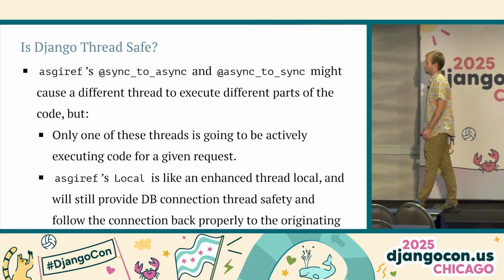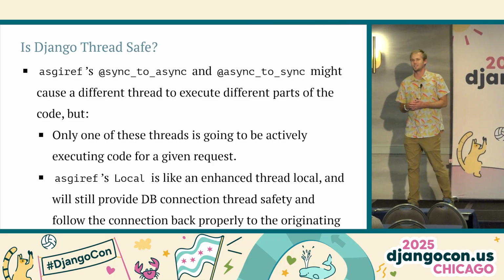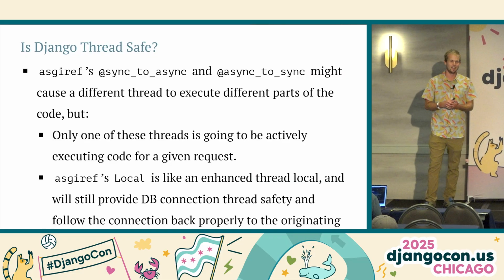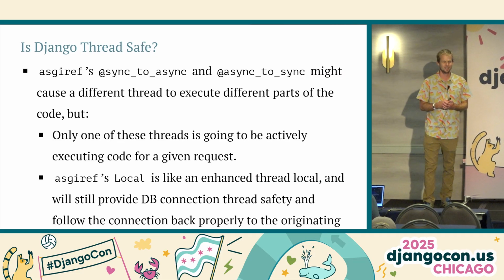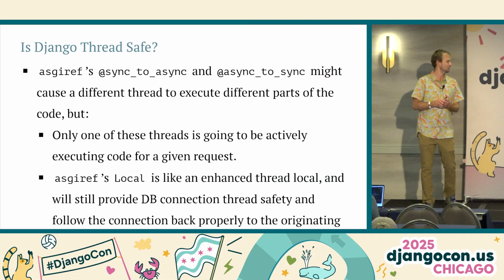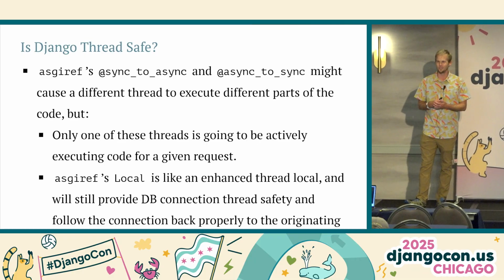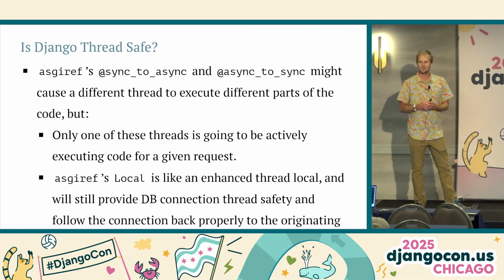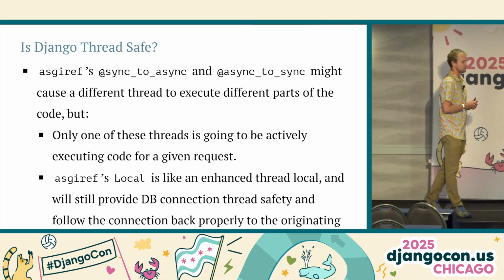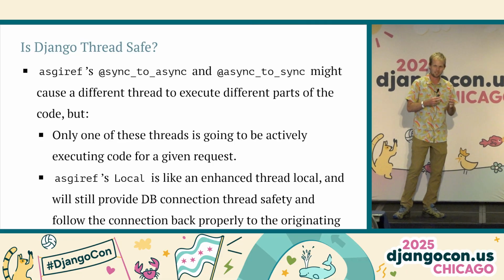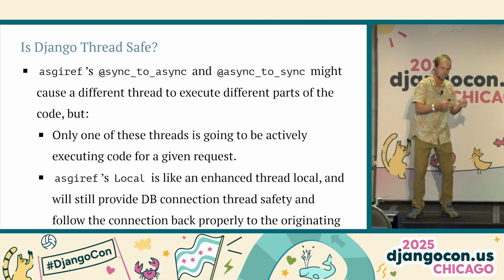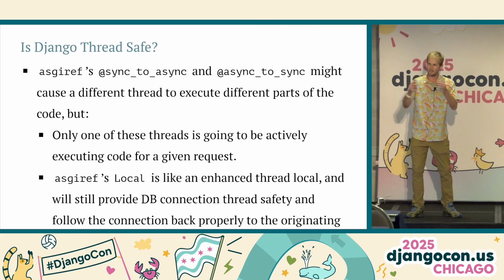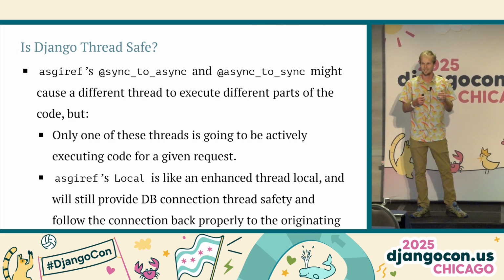I was at DjangoCon in 2019 at the sprints, and I kept overhearing Andrew and a number of other developers working through the internals of the ASGIREF local, figuring out what the spawning thread was that this database connection should belong to if I started in the event loop, went into a thread, came back to the event loop, then went to another thread.